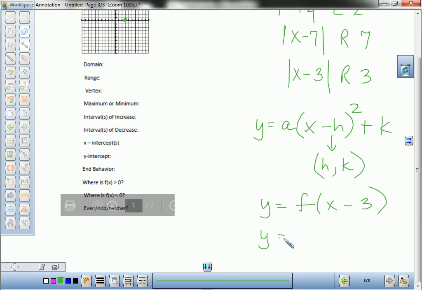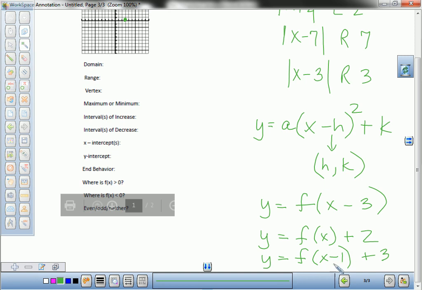Or they might say, how does that move the function? It's because it's not inside with the x, it's outside. This is our up and down. So this would be up 2. Or they might put them together. I might say, how does this move the function?